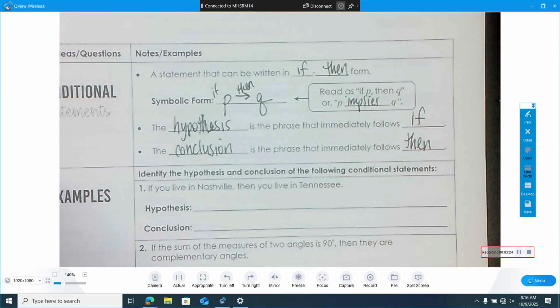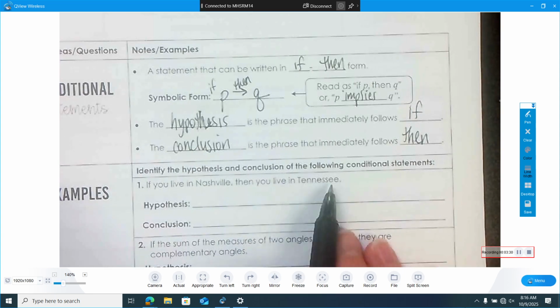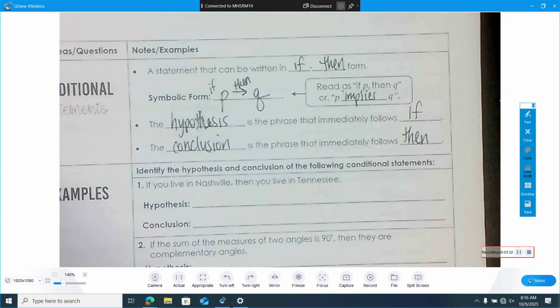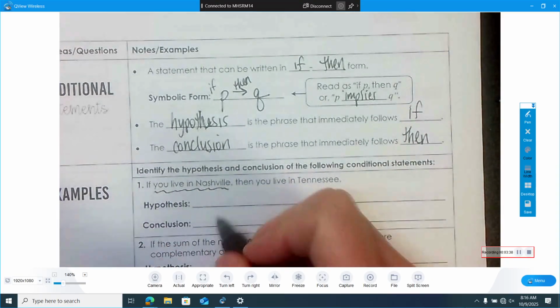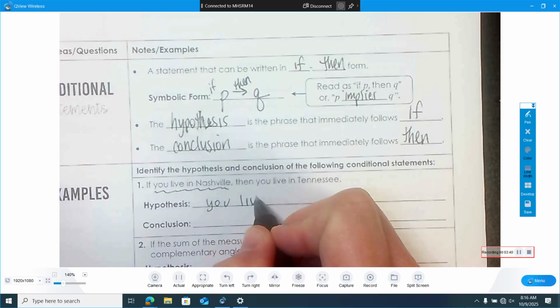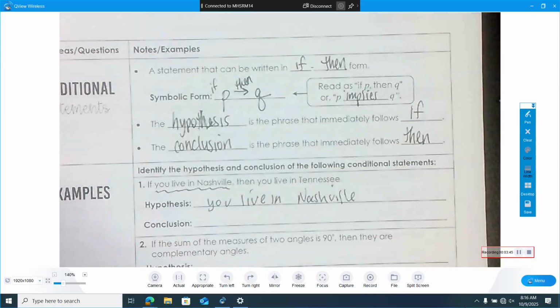So, for example, identify the hypothesis and conclusion in the following conditional statements. If you live in Nashville, then you live in Tennessee. What's the hypothesis? Right here, following the word if. So you live in Nashville. All right.